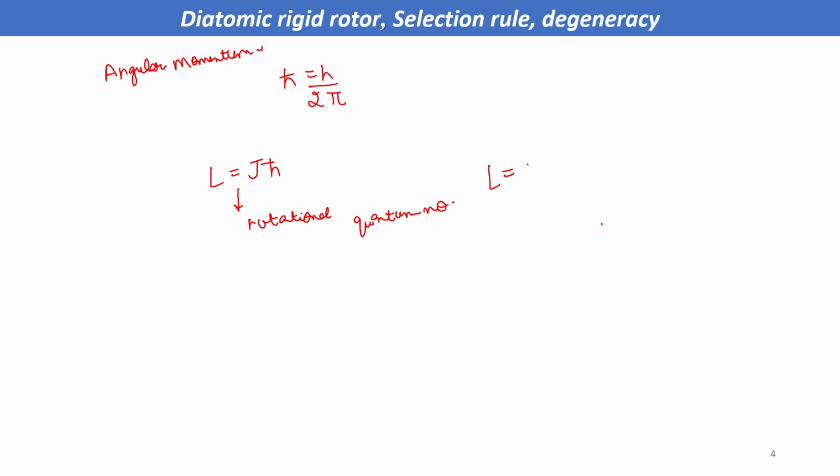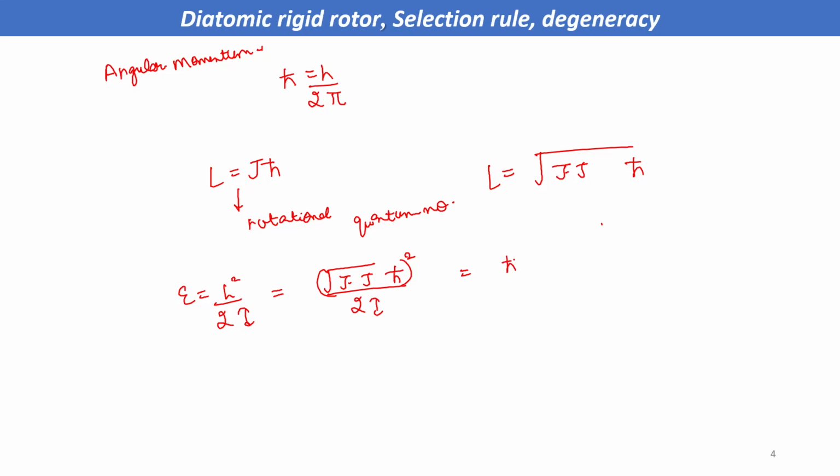So we can write L is equal to under root J into J plus 1 times h cut, and we know that energy is equal to L square upon 2I. So we just substitute the value of L square here. So it will be h cut square upon 2I into J into J plus 1. And what is h cut?